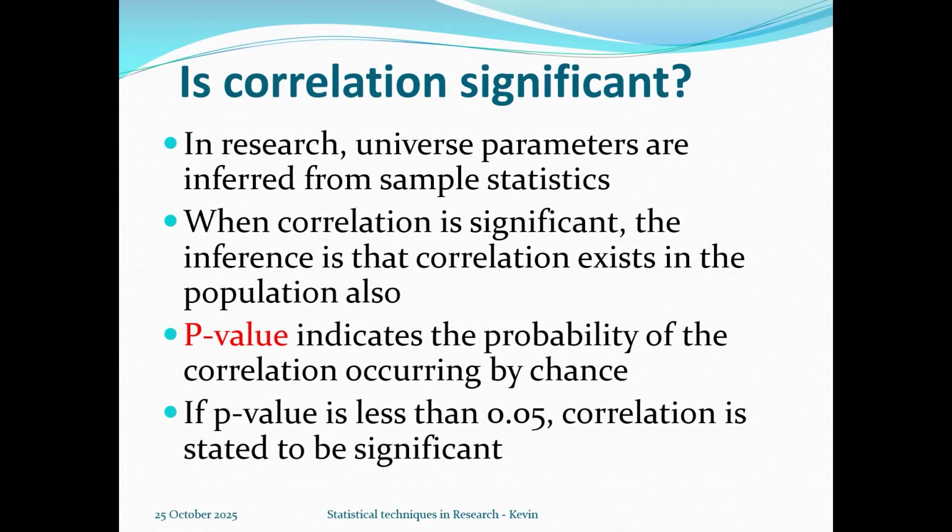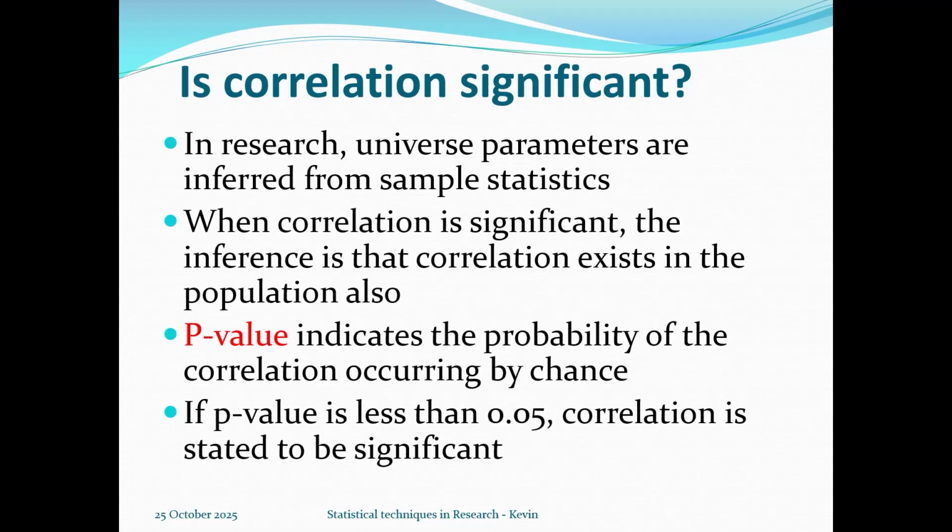So if p-value is less than 0.05, that means 5%, the correlation is stated to be significant. That means if you take 100 samples, in 95 samples this correlation will be there. In 5 samples, it may not be there. Doesn't matter. So we can say that this correlation is applicable to the population.